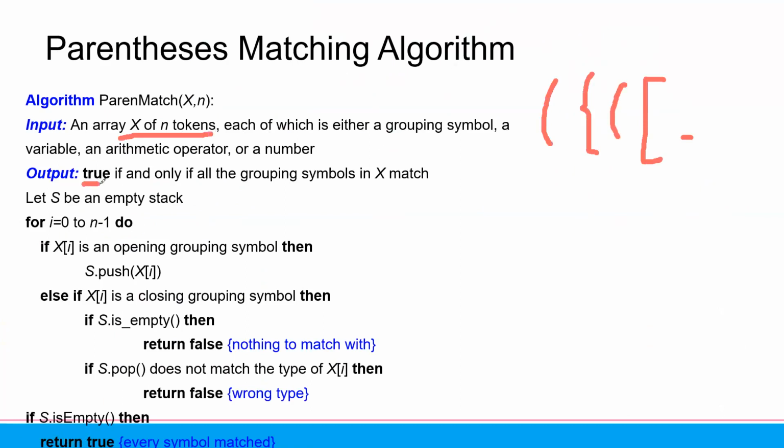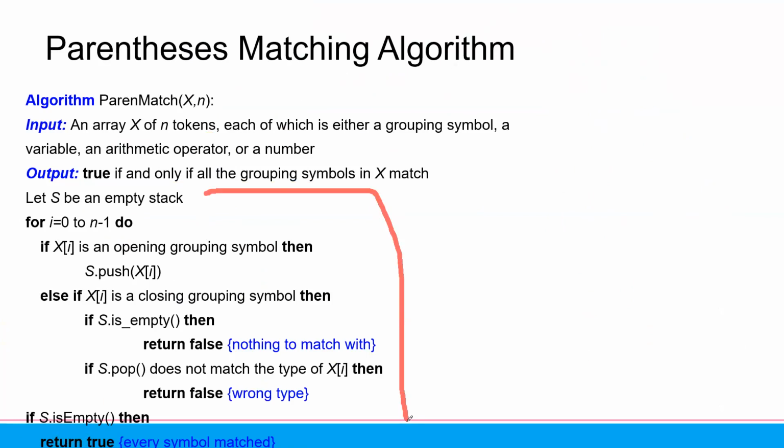The output is true if and only if all grouping symbols in X match, or maybe we call it the pair matches. If the parenthesis matches, or the square bracket matches. So you can take a look at this one. This is the algorithm.